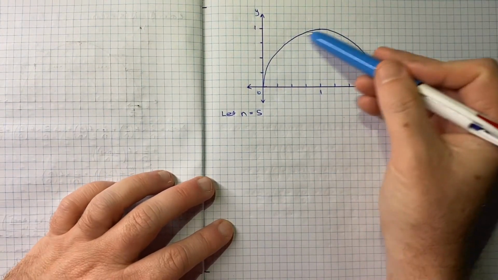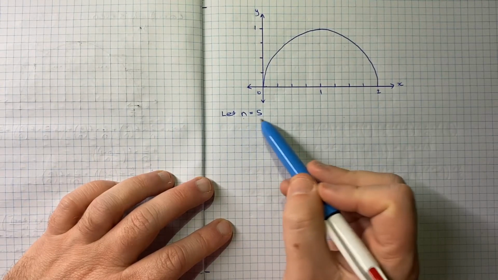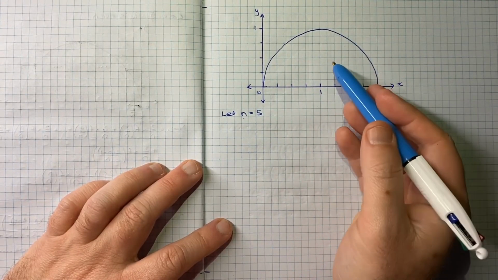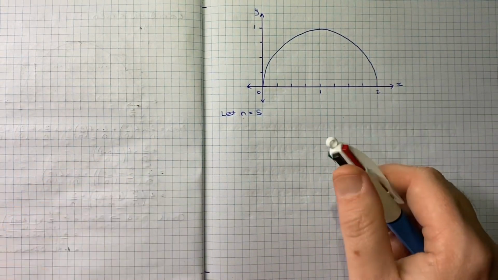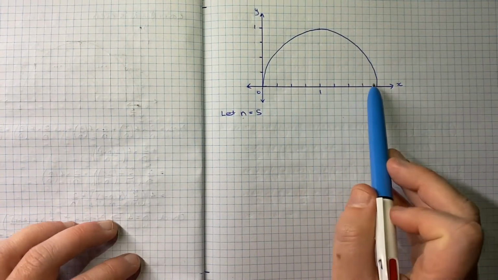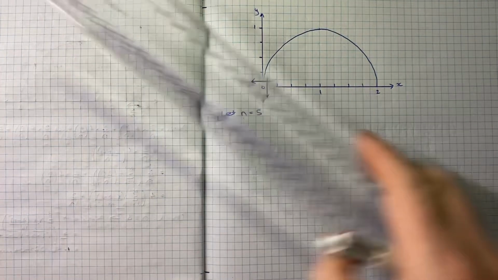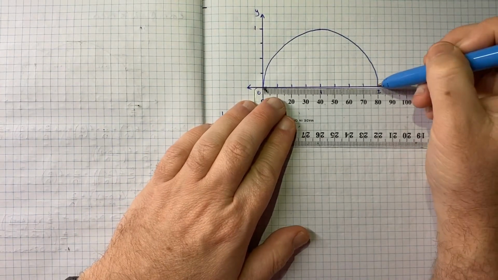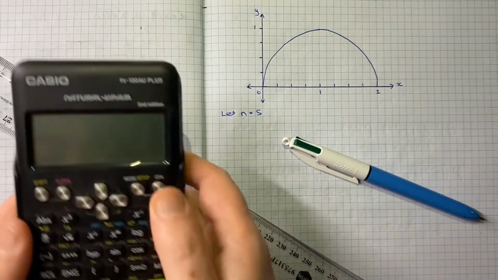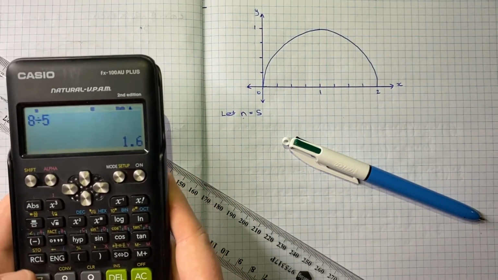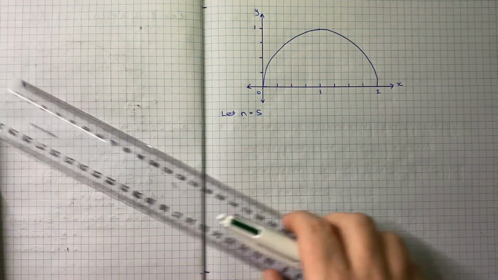So here I've got our curve, and we want to look at the specific case of n equal to 5 and then see if we can work out the pattern of what's going on. If I wanted to divide this range 0 to 2 into 5 bits, it's essentially 8 centimeters on my ruler. So 8 divided by 5, I'm going up in 1.6.